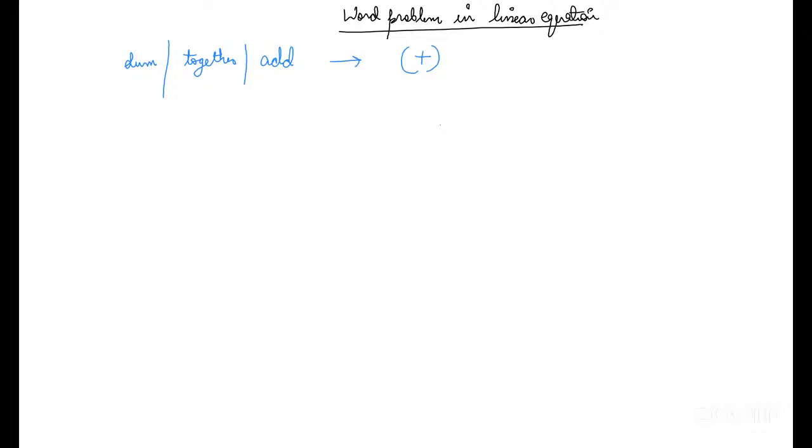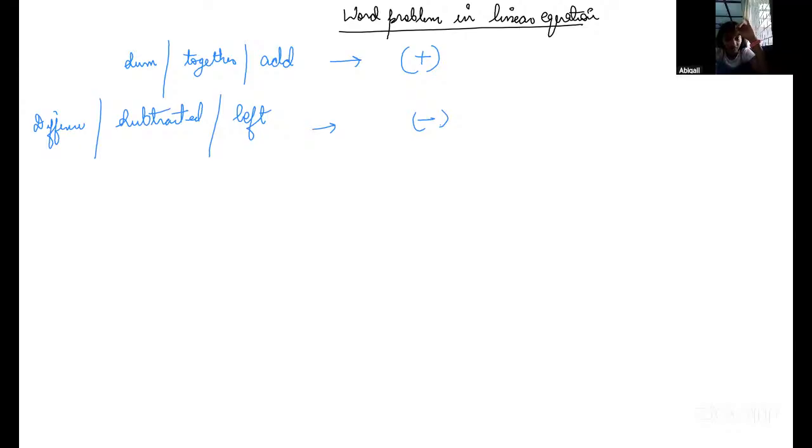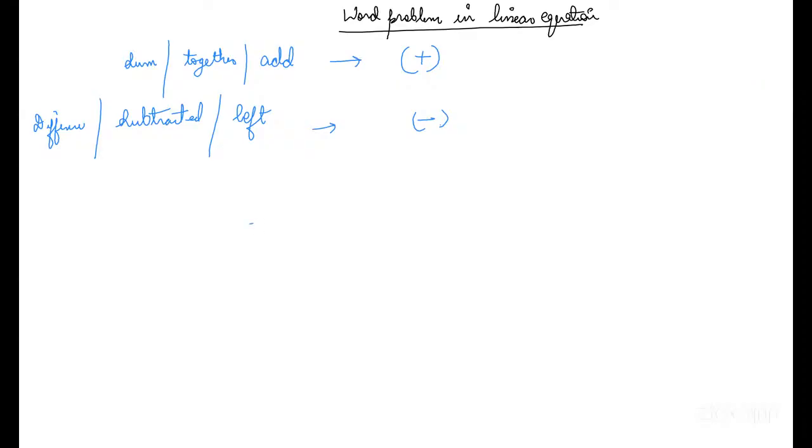If difference, subtracted, or left is there, we have to do minus. And from also, right, sir? Yes, from also. These are the keywords to know what you have to do.